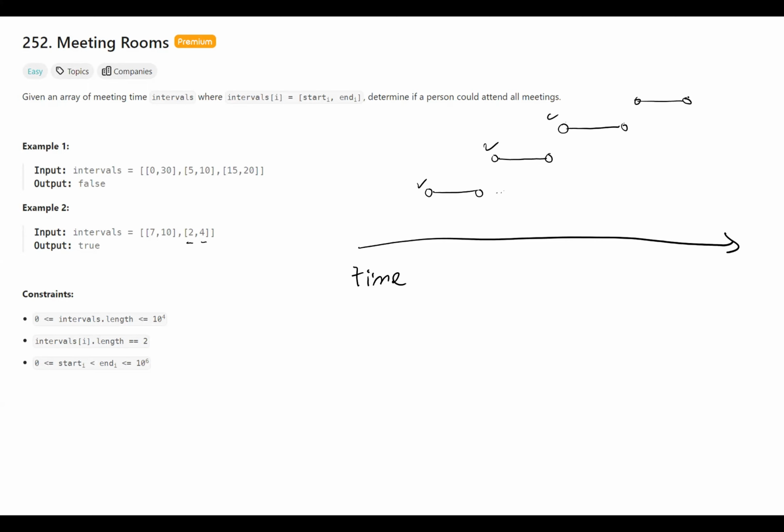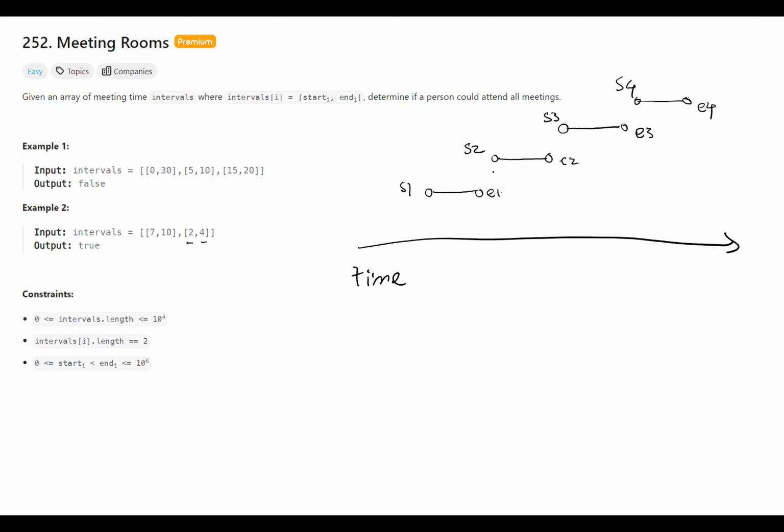So that means if I sort the meetings based on their start time, so this is say start time 1, this is start time 2, this is start time 3, this is start time 4, right? This is end time 1, end time 2, end time 3, end time 4.